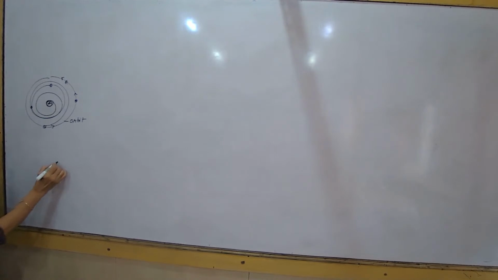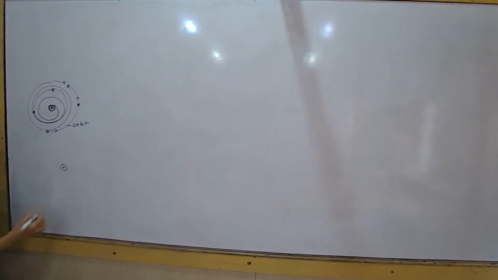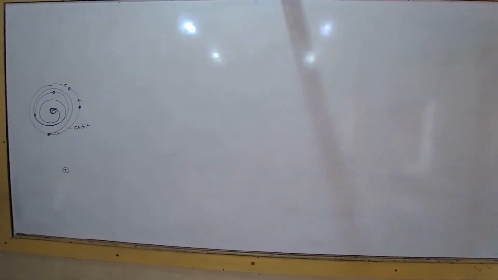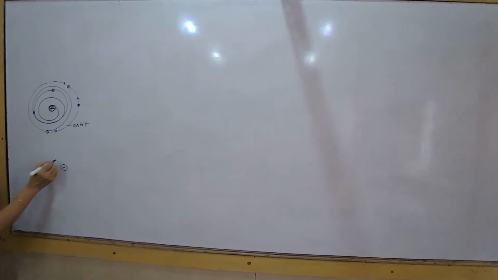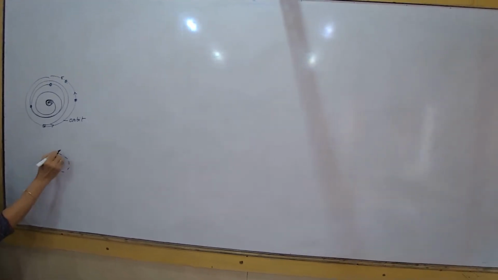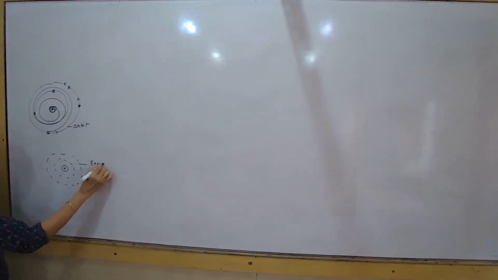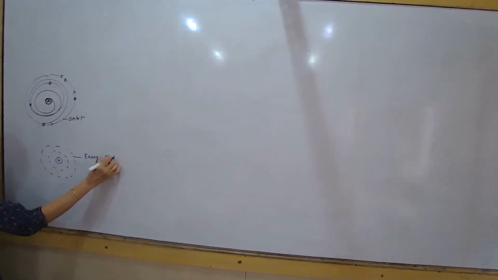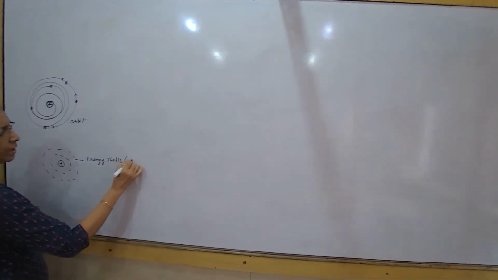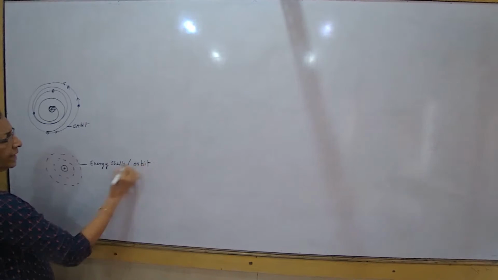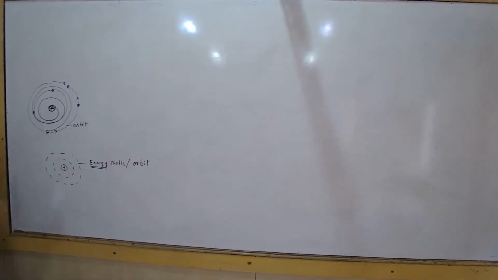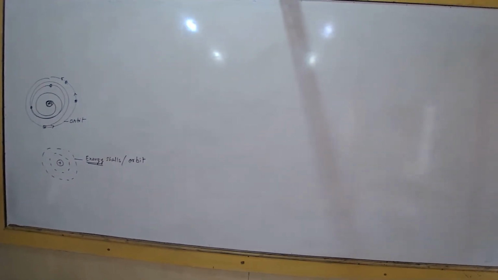He says that yes, this part of it is correct, that there is a central part which is positively charged. And he says that these electrons are present in certain defined areas, and he called them energy shells. Maybe you can also call it an orbit. Why did he call them energy shells? Because the electrons which are present in these shells have a specific amount of energy.